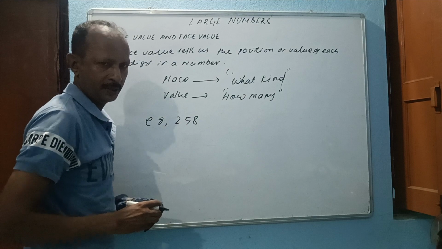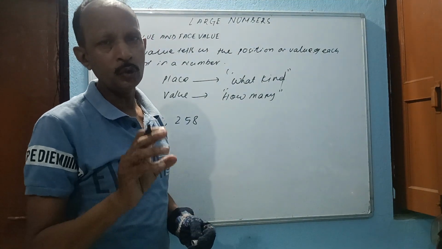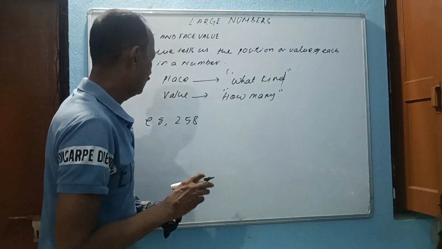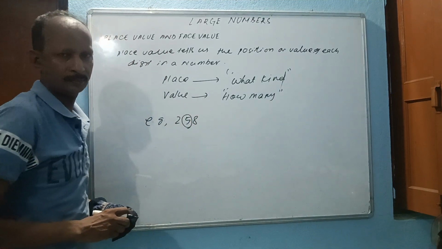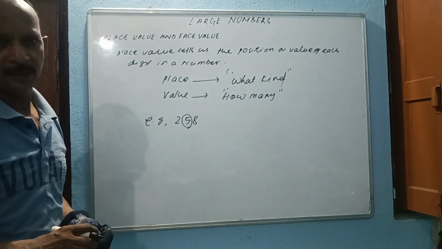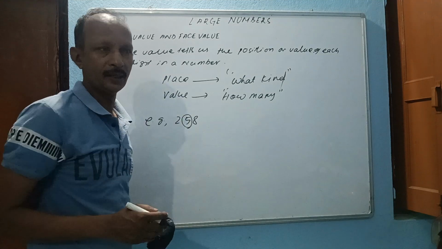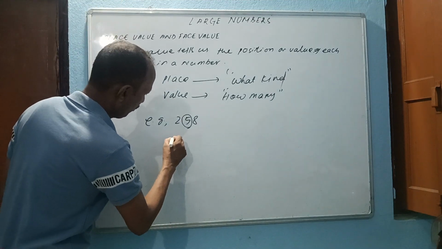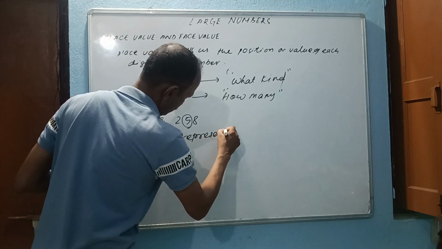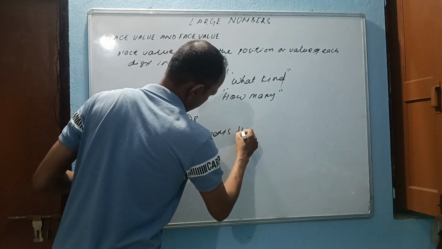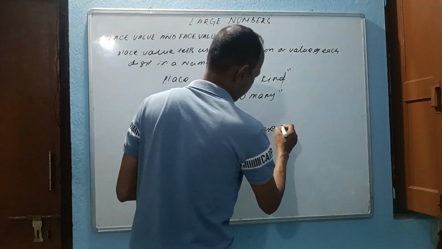258. I have written a 3-digit number 258. Let us see this 5. 5 represents how many? 5 represents there are 5.